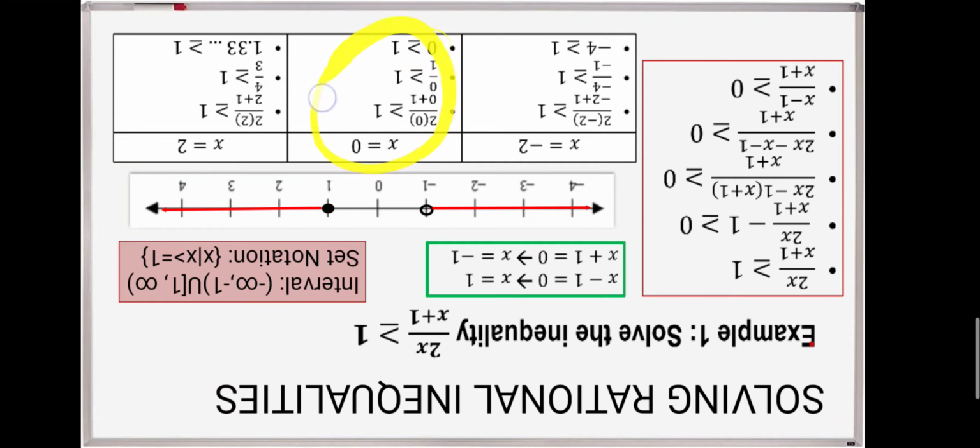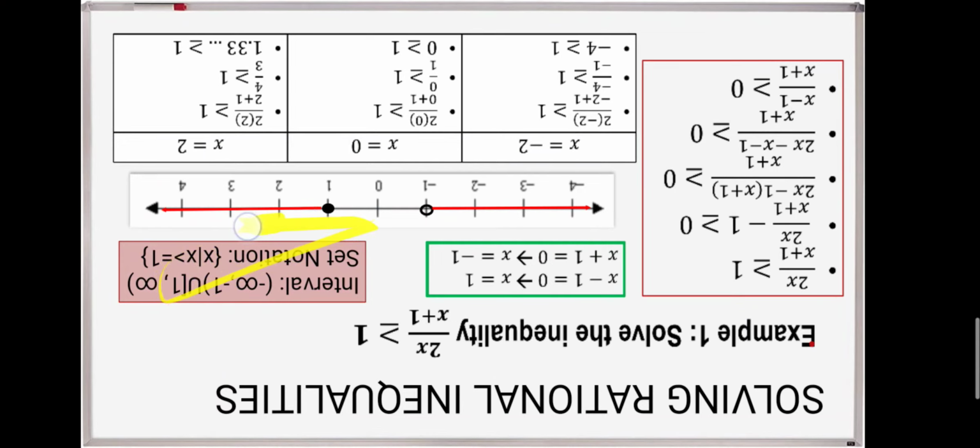So this is not included. And we use 2 on this part, and it made a true statement. Therefore, this part is also included. Therefore, this part and this part are the solutions. Okay, so in interval notation, this is from negative infinity to negative 1, and this is from 1 to positive infinity. Okay, so we will use union.